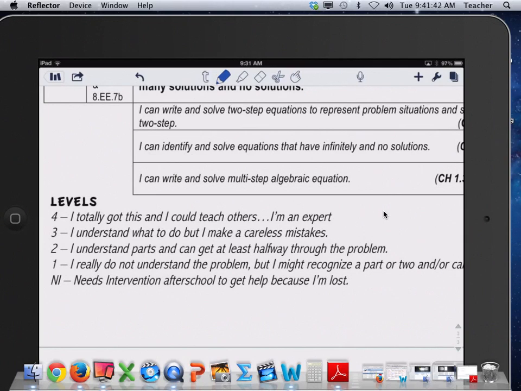A 2 is, I understand part and can do at least halfway. You finish halfway through the problem. 1 is, I really don't understand, but I might recognize some stuff. You started right, but you did it all wrong. Okay? Any question on what a 1, 2, 3, and a 4 is?